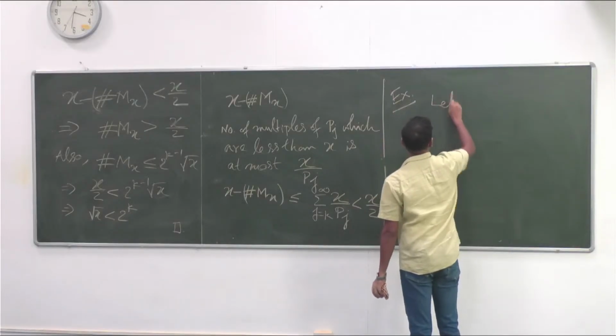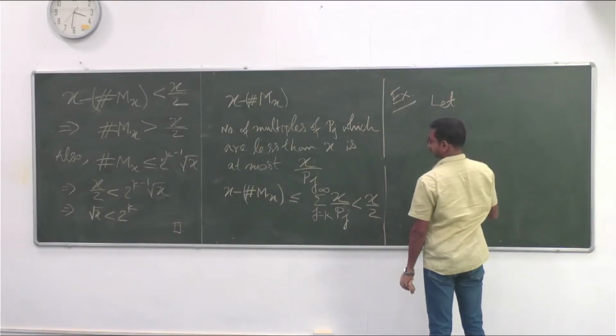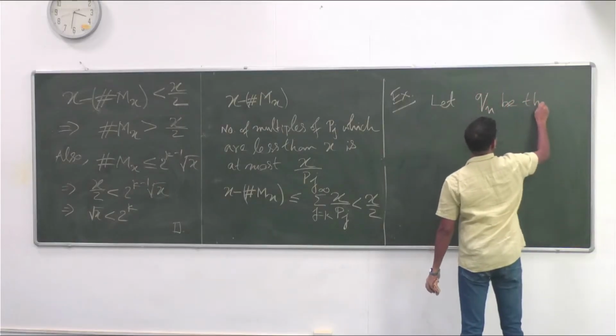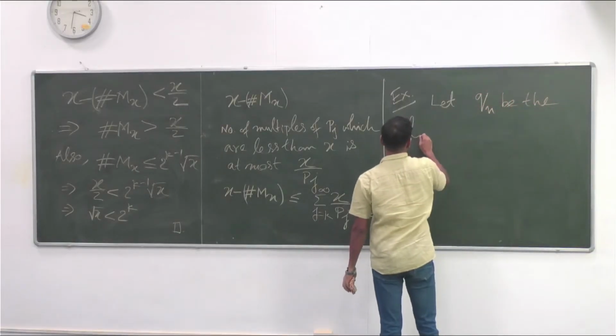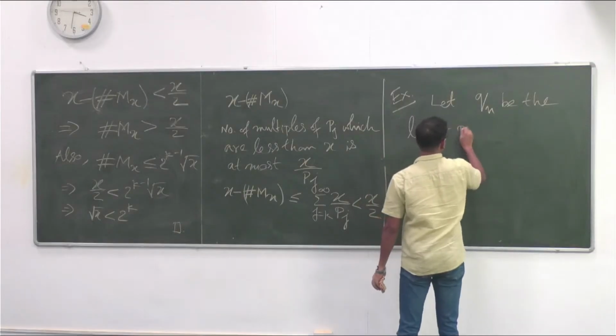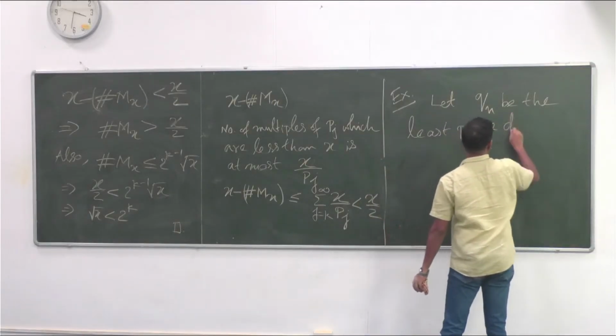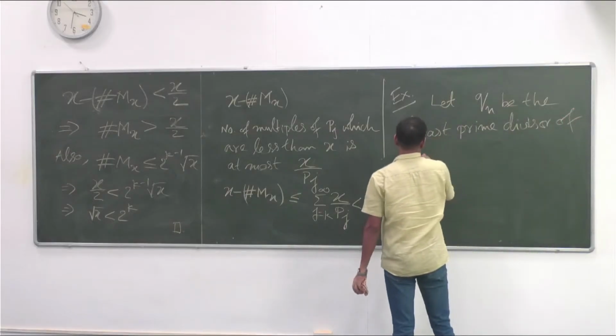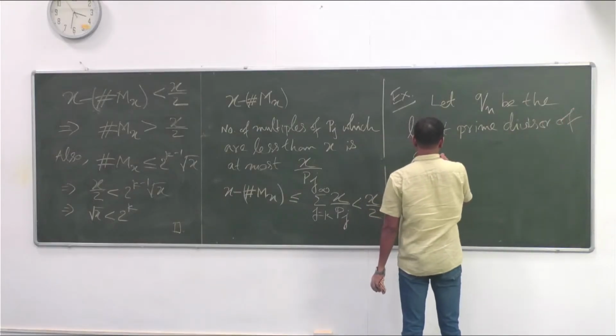Let Qn be the least prime divisor of n factorial plus 1.